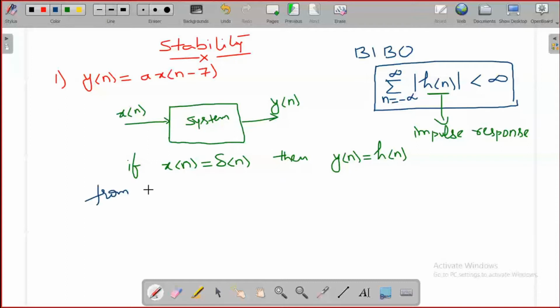From the given system, I'm writing the impulse response h of n is equal to the response of the system to impulse input, T of x.